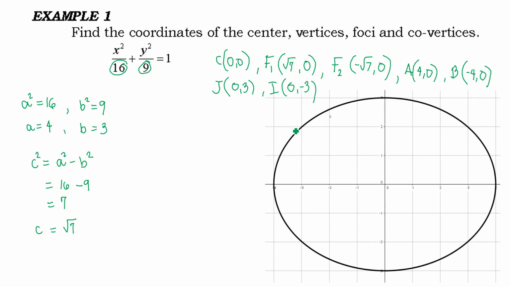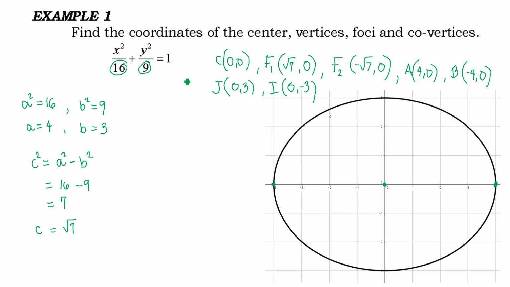As you can see here, the center is at the origin. And then, this would be the vertex. We have negative 4, 0. Then we also have 4, 0. And then, the focus would be, so square root of 7 is approximately 2.65.